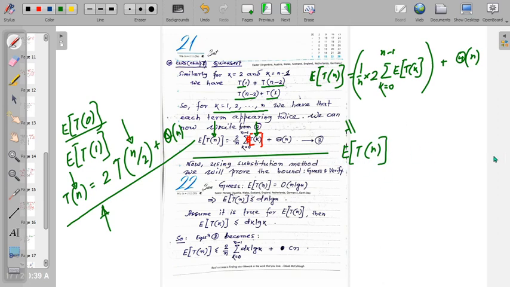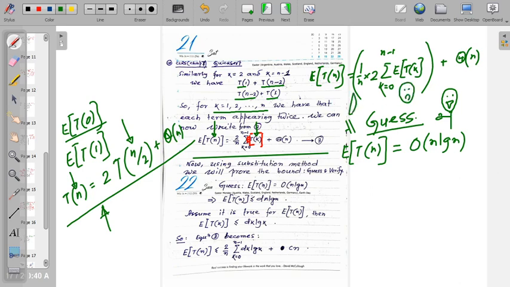We targeted that this expectation of Tn should be order of n log n. So let us suppose that this is order of n log n. This is the guess. Whether this is correct or not, we have to check.